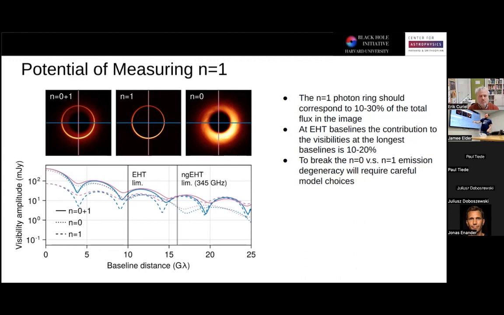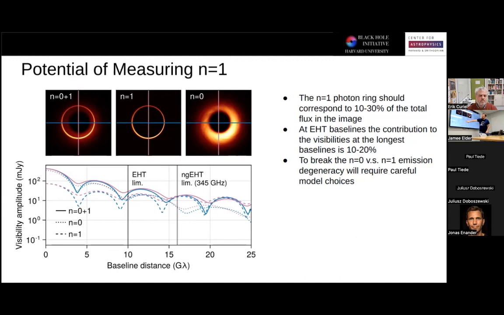The very short baselines are dominated by the bright, puffy n=0 emission. As we get to longer and longer baselines, this thin ring component starts to have a lot of power on small scales, and the n=1 emission becomes much more similar to the n=0.